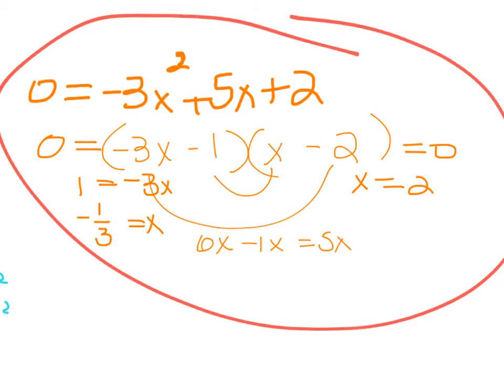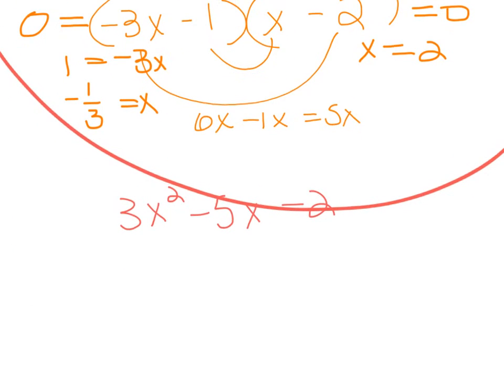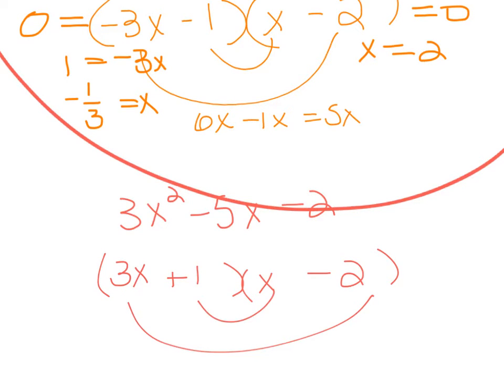Because that's the only combination. You can take out a negative, like you can multiply everything by negative 1 because it's set equal to 0, if that first digit confuses you, but you still get the same answer. So if you do that, then this is a positive 3x and an x. Factors of negative 2 that, when multiplied out, would sum to that negative 5 would be negative 2 and positive 1. You'd still get a negative 1/3 and a positive 2.